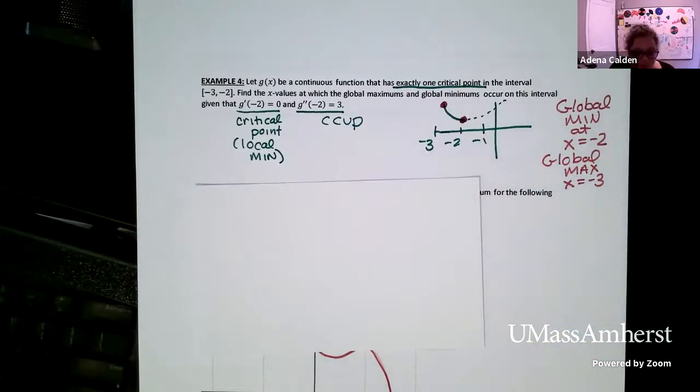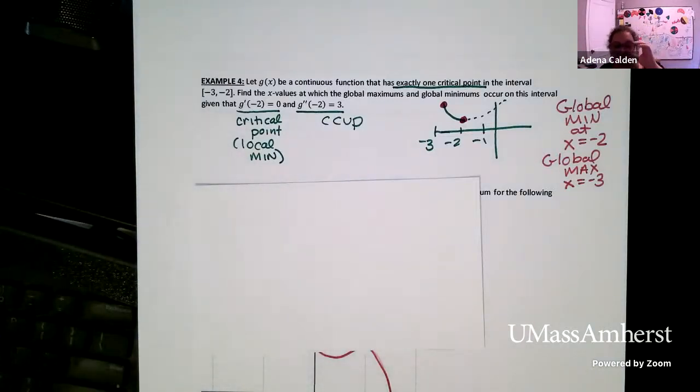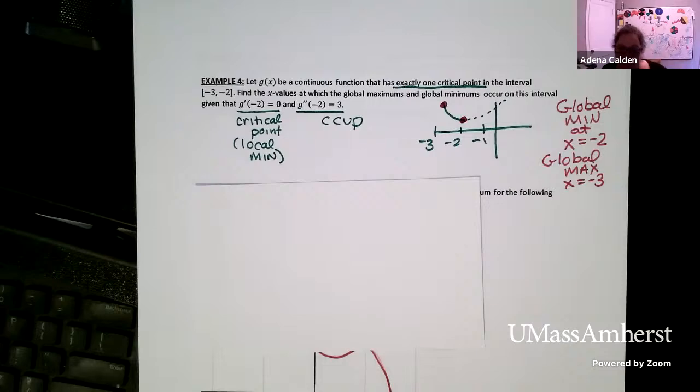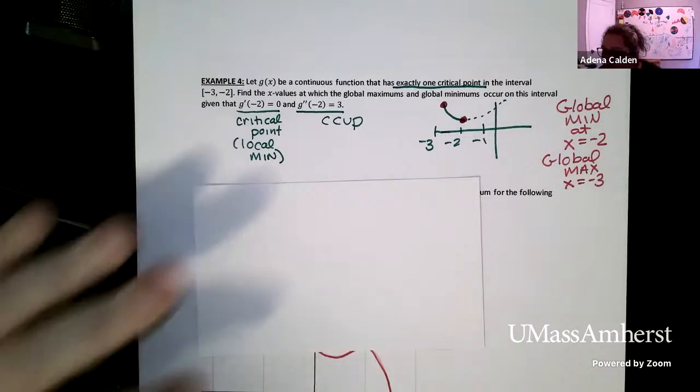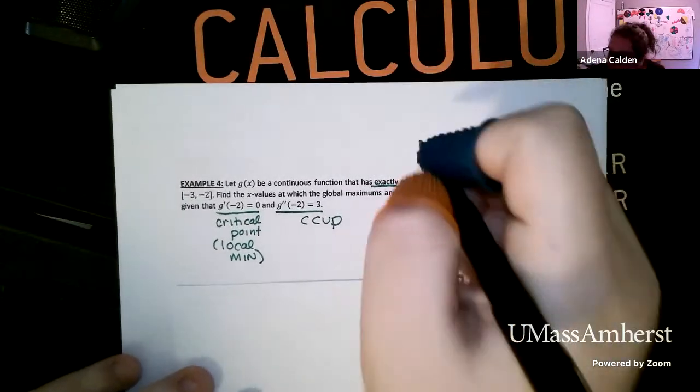And so you may think, well, how do we know that there's not other things happening between -3 and -2? So let's explore some alternatives that we think could happen and see if they're realistic.